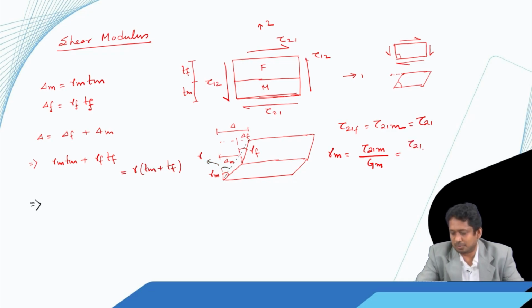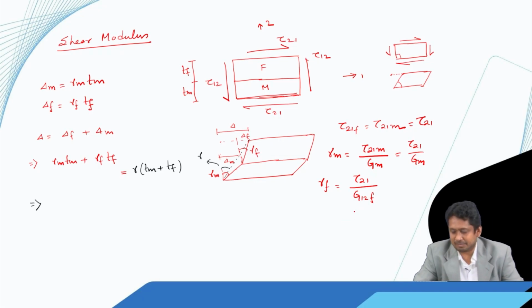So, it becomes tau 21 by Gm. Similarly, gamma f becomes tau 21 by G12f.